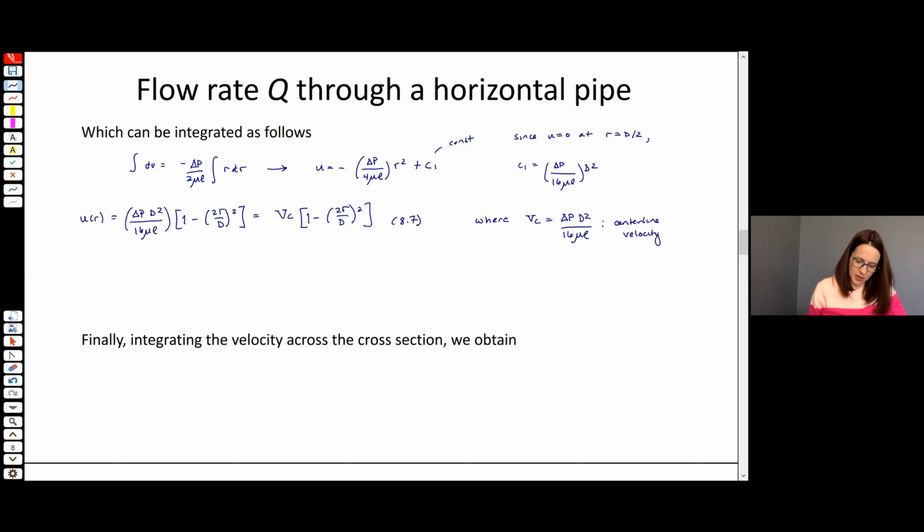Okay, we can also write this in terms of the shear stress.